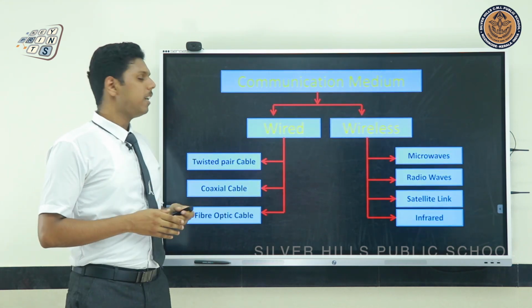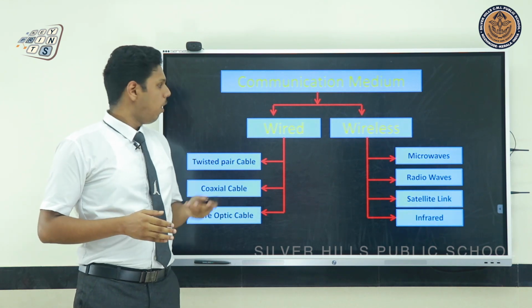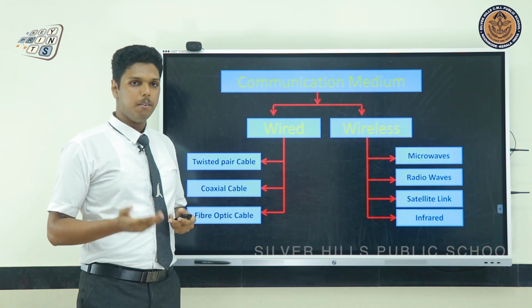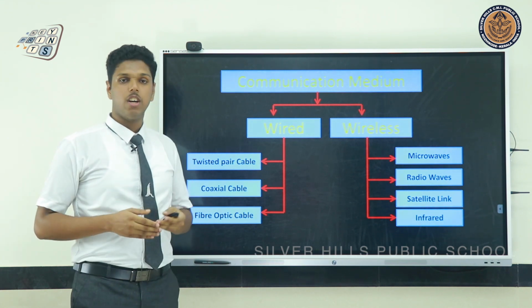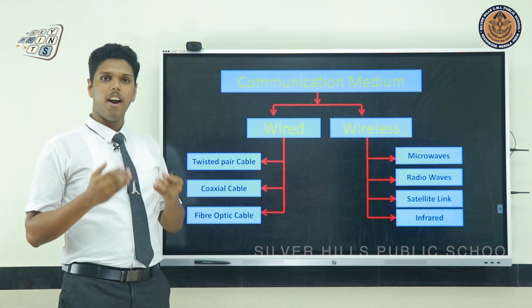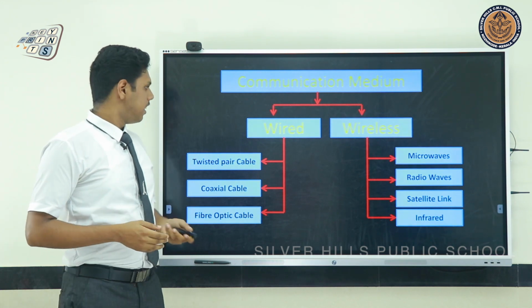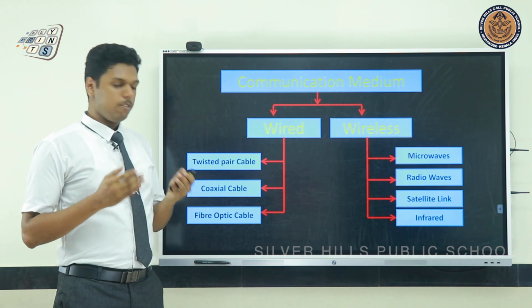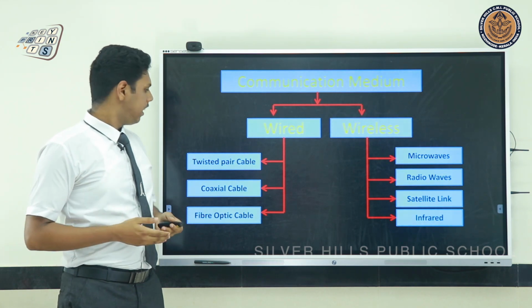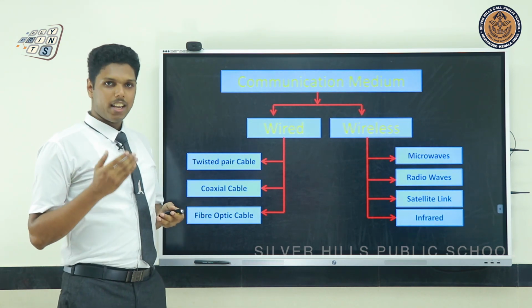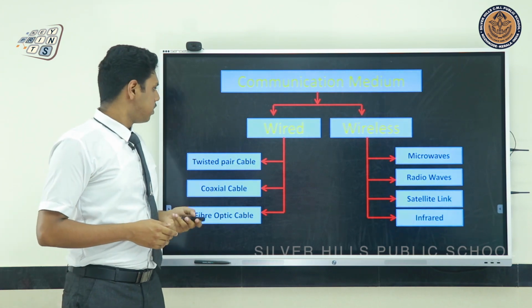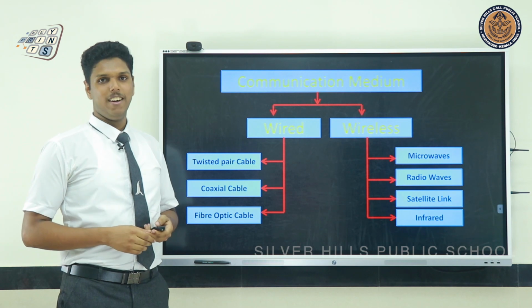So communication media is divided into two: wired or guided media and wireless or unguided media. In this session, we shall discuss wired or guided media. So wired or guided media is divided into three. They are twisted pair cable or TPC, coaxial cable or coax cable, and finally fiber optic cable. So we shall discuss them one by one.